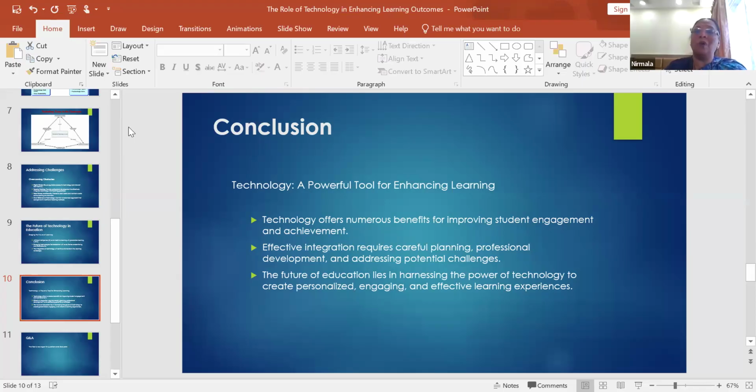Because right now they are in the post-pandemic phase, it is very difficult for the learners to go with the old pace, and we can't go to the old traditional methods, but we have to balance both the traditional and the modern way of teaching by using the technology.